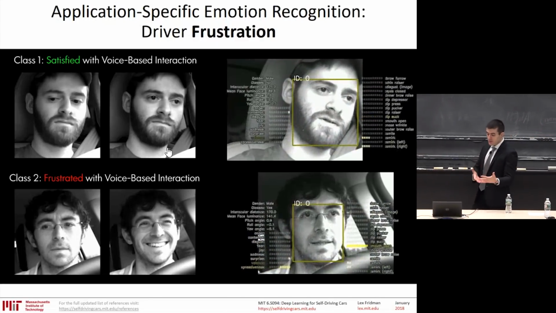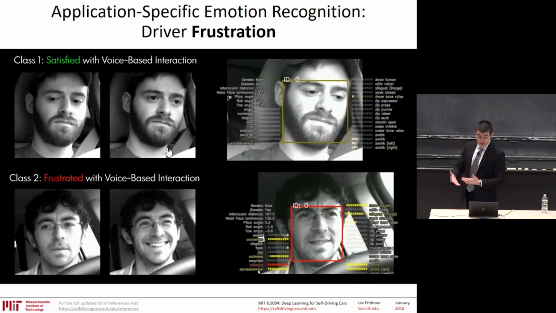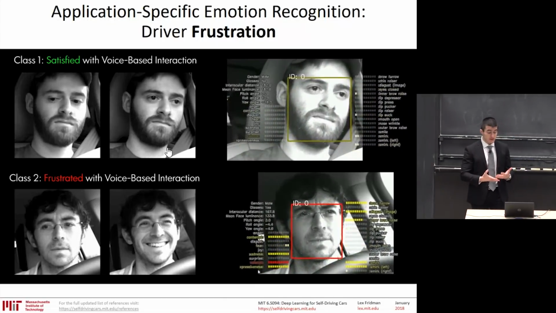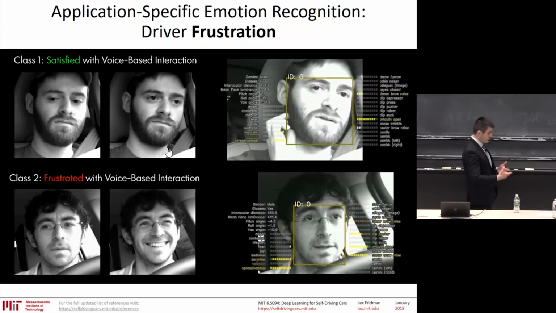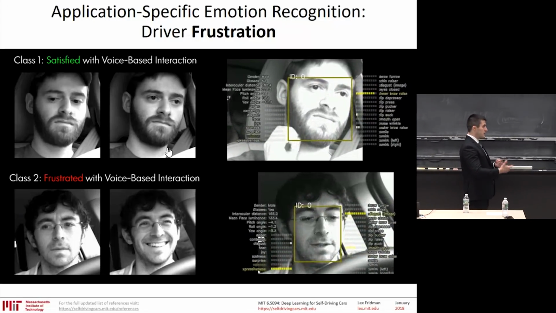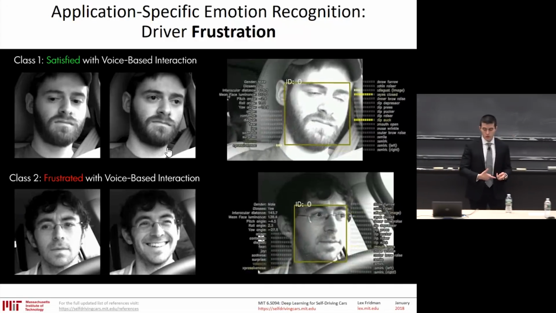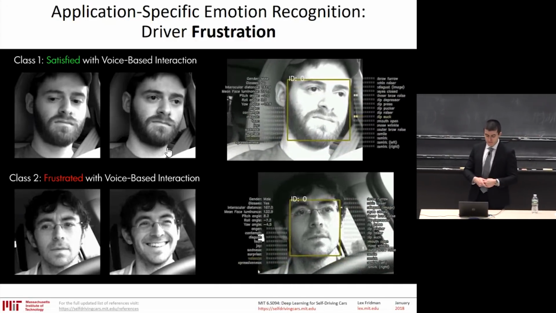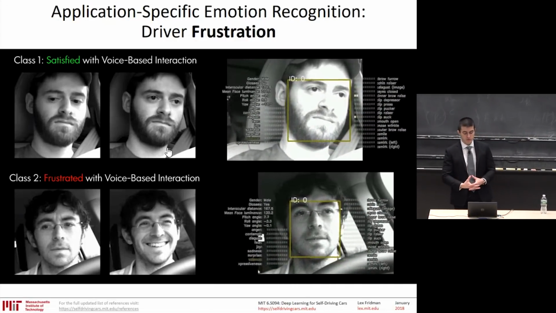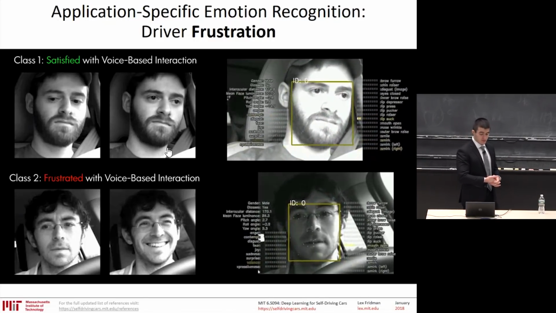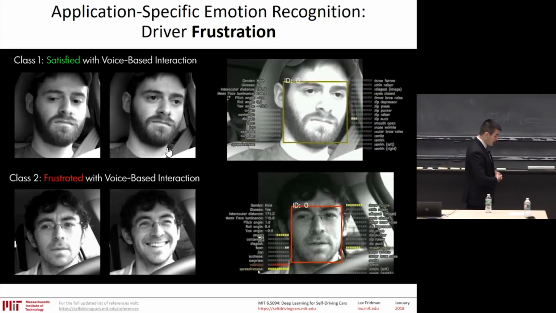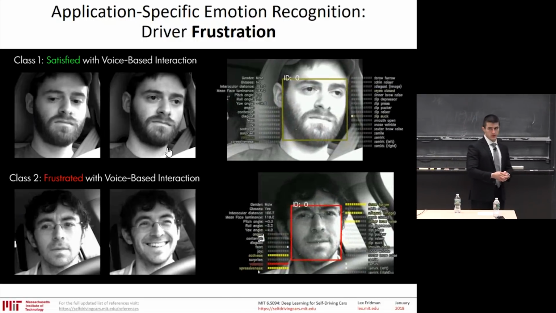What you see on top is the expressions detected and associated with a satisfied person, a person who said a 10 on the satisfaction, so a 1 on the frustration scale. Perfectly satisfied with a voice-based interaction. On the bottom is frustrated, as I believe a 9 on the frustration scale.